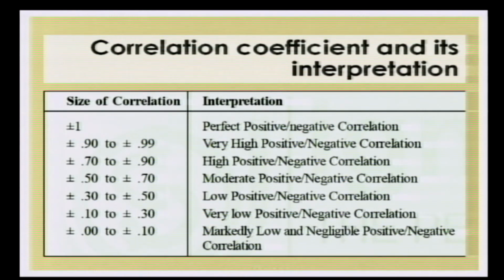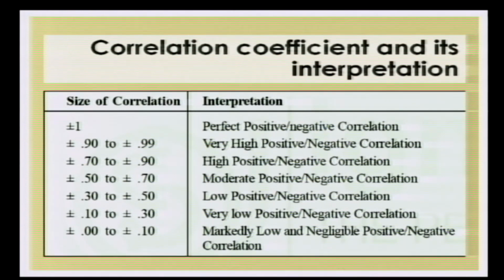If the value is between 0.90 to 0.99, this is called very high correlation, and it can be positive or negative. If the value is between 0.70 to 0.90, it is high correlation. It may be high positive or high negative. If the value is between 0.50 to 0.70, it is moderately positive or moderately negative.